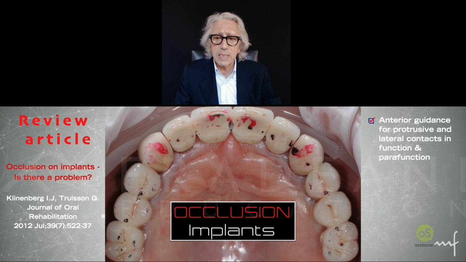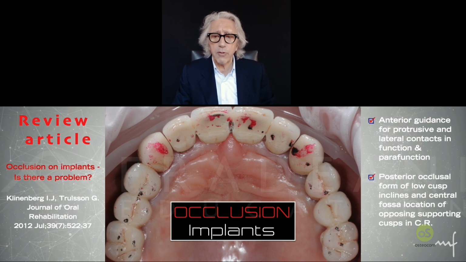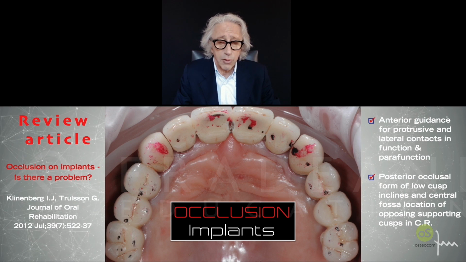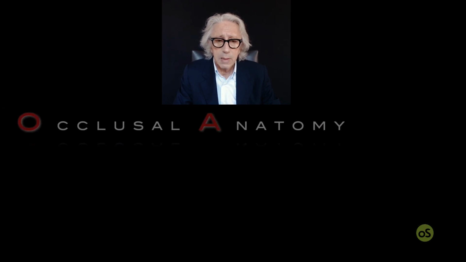But the anterior guidance is still the one that we normally try to find in function and parafunction, and the posterior occlusal form of low cusp incline and central fossa location of opposing supporting cusps in CR. CR is centric relation, of course. When you do the entire case, that is something that we believe is obligatory to follow. We must follow the CR position. I will discuss that in a while.